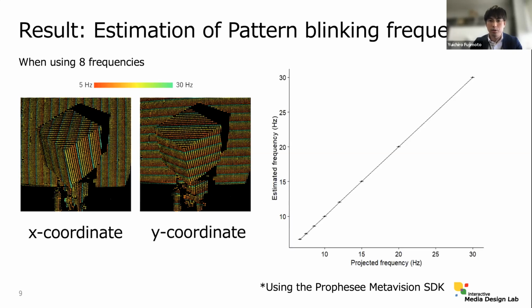The graph on the right shows the estimated result for each pixel on the vertical axis and the projected frequency on the horizontal axis. It shows 100% accuracy in this setting. As 8 frequencies are insufficient to cover the whole resolution of the projector, of course, we compensated for this by using a combination of 3 different patterns.